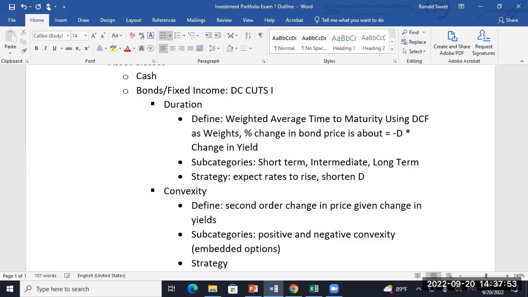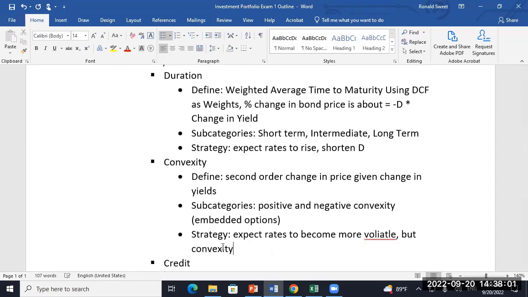And then the strategy: you expect rates to become more volatile, you buy convexity, buy bonds with high positive convexity. And if you're expecting less volatile rates, then you would sell convexity. That means you buy bonds with negative convexity, so you pick up that higher yield.